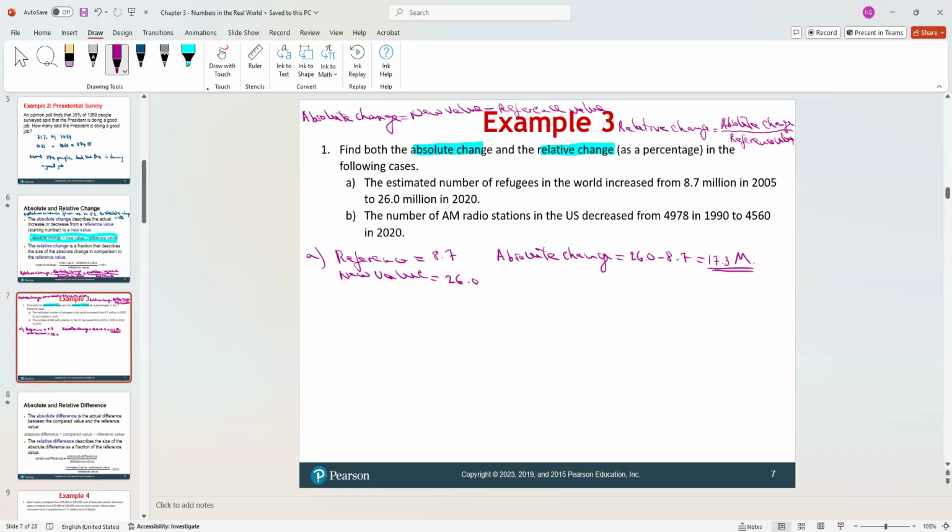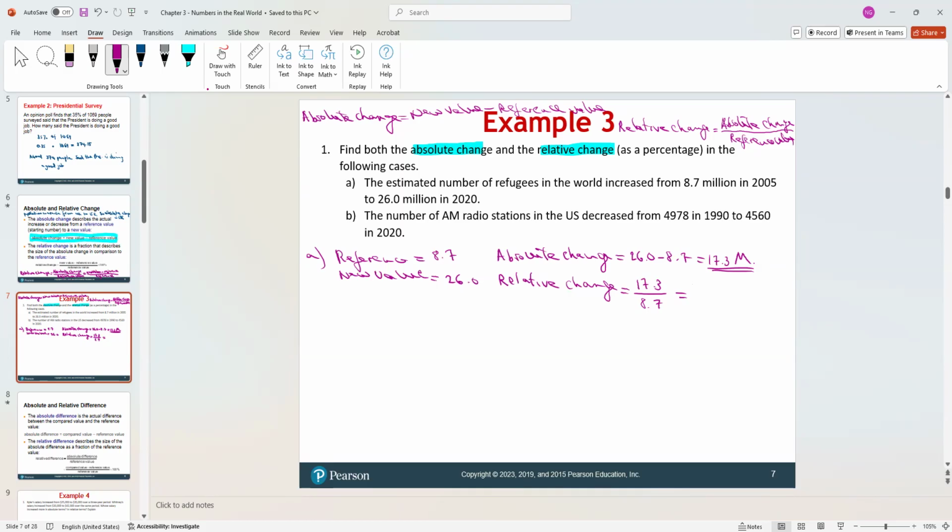All right, now the relative change. All you need to do is take the absolute change, which is 17.3, over the reference value, 8.7. The absolute change is a number, but the relative change is a percentage.